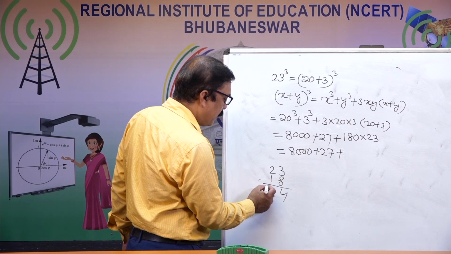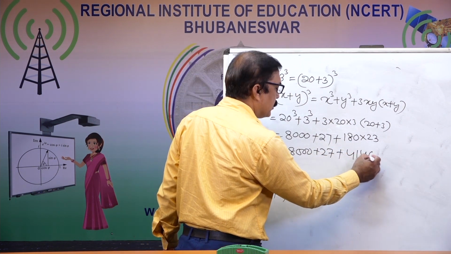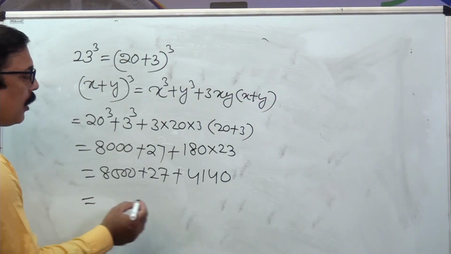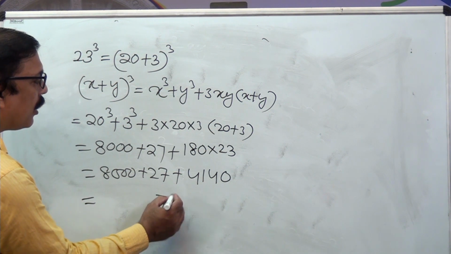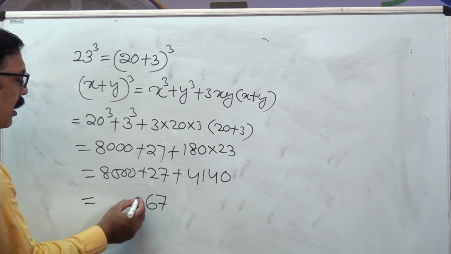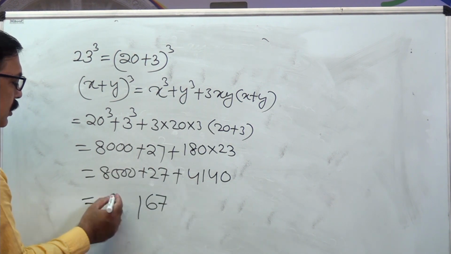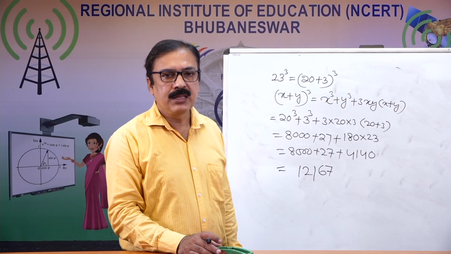Adding these up gives 12,167. This is the cube of 23.